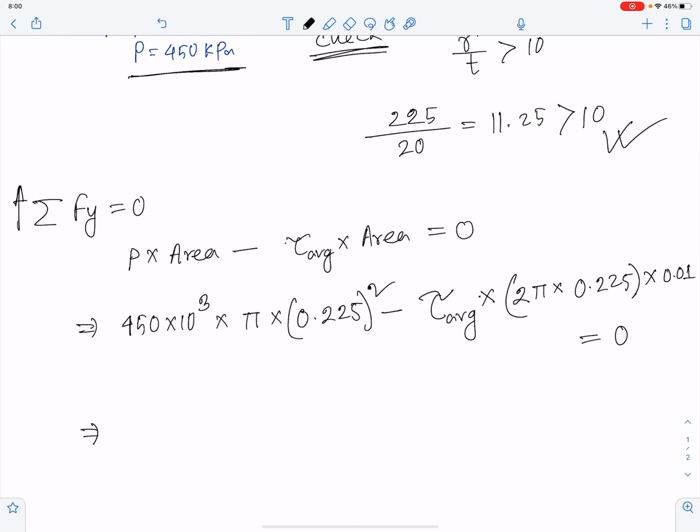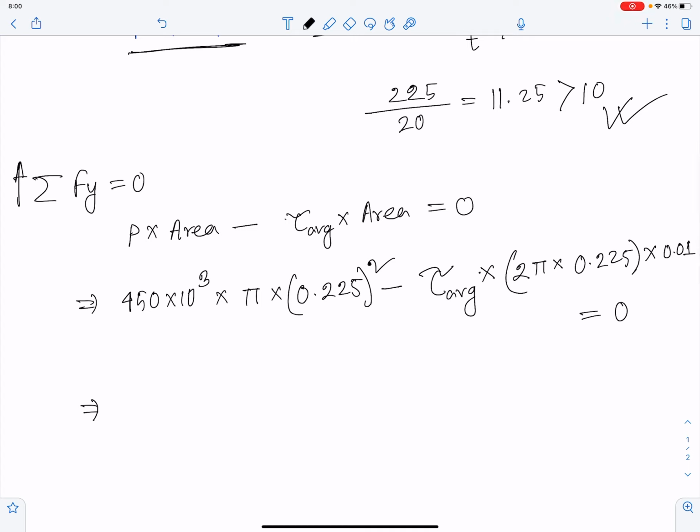So if we solve this for tau average, the shear stress would be 5.06 times 10 to the power 6 pascal, or Newton per meter square.